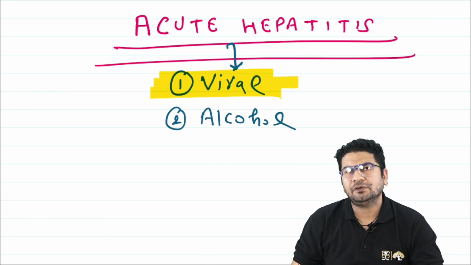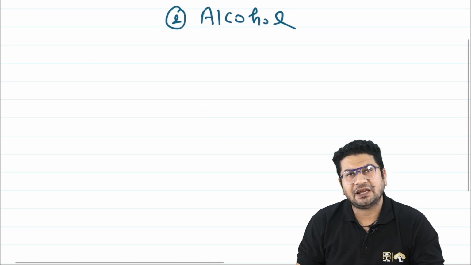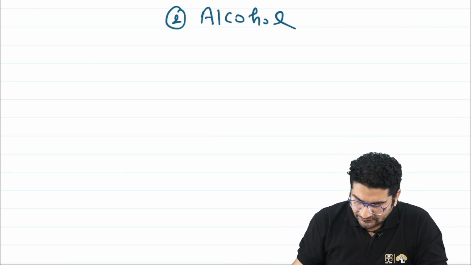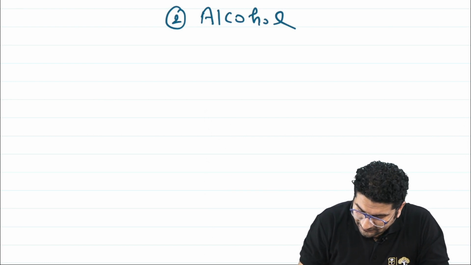Before moving to the discussion of viral hepatitis, I'll tell you what are the different types of viruses and what are their properties. So we have a total of 5 main hepatitis viruses.